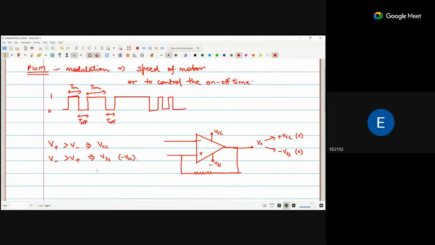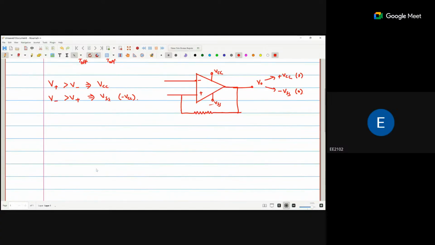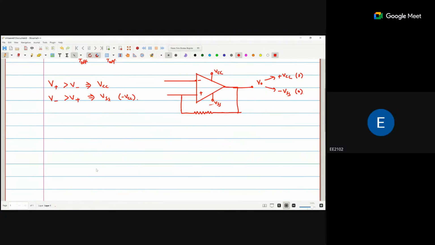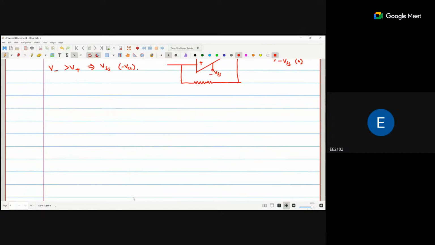So we have to generate a PWM signal. That means the operational amplifier will behave in positive feedback. Now, if I generate a signal, one is the sinusoidal signal. This is my sinusoidal signal.